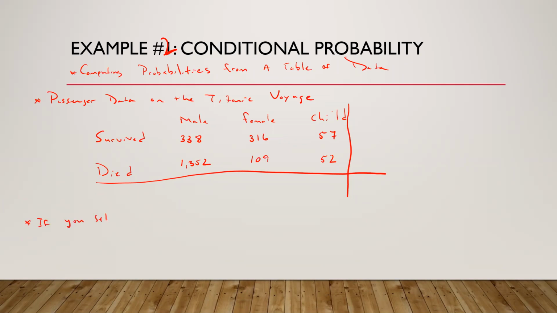If you select a passenger at random, on the next page I'm going to ask you a bunch of probability questions. But when you're given a table of data like this, what do you think might be the first thing you're going to want to do with these numbers?